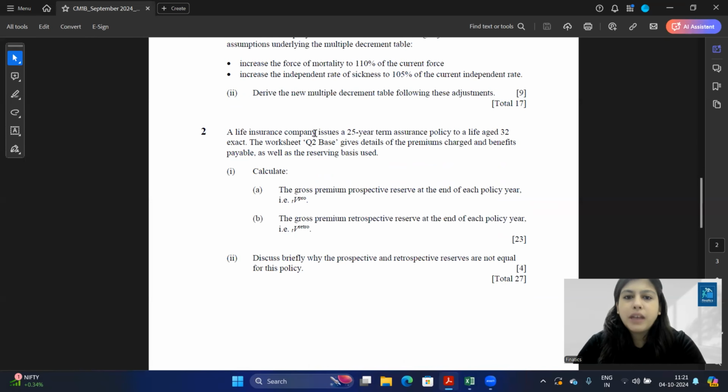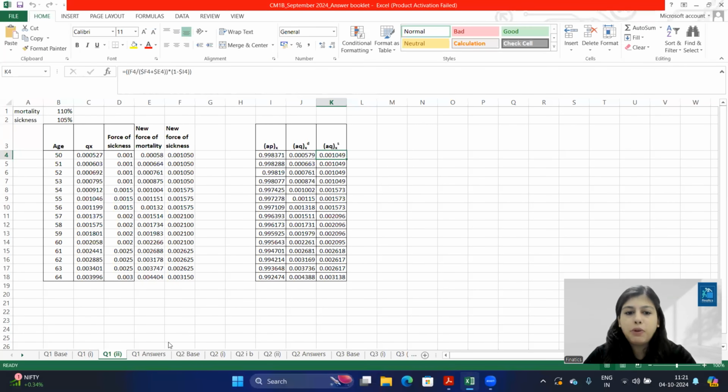A life insurance company issues a 25-year term assurance policy to a life aged 32 exact. The worksheet Q2 base gives details of the premium charged and benefits payable, as well as the reserving basis used. Calculate the gross premium prospective reserve and the gross premium retrospective reserve at the end of each policy year.